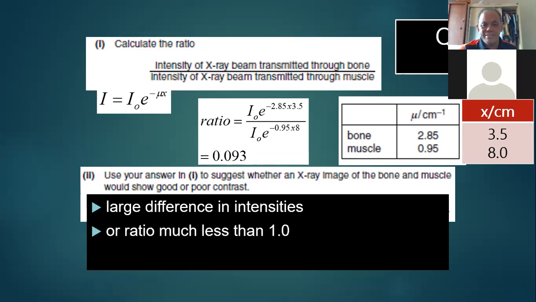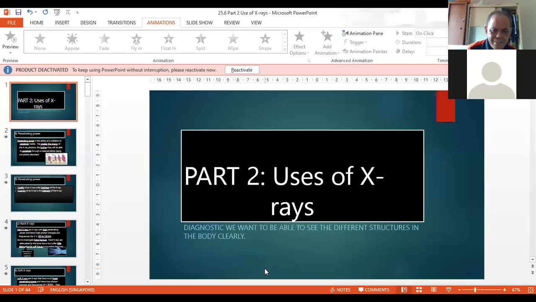A ratio of 1 means it's the same intensity. The two of them have a large intensity difference, which is why we see the smaller fraction, less than 1. So good contrast. That's the end. The next video will show you CT scan. We'll end here.